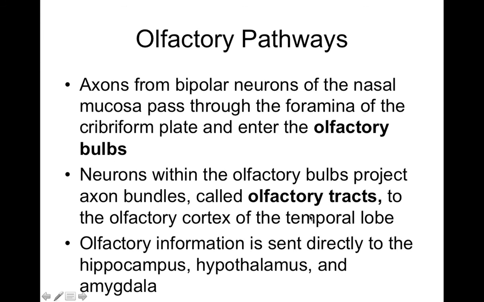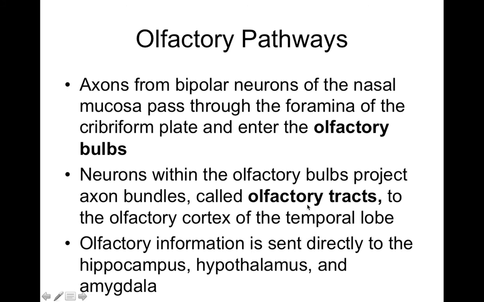These olfactory tracts extend off of the olfactory bulb, and basically they are big bundles of axons extending away from the bulb back towards the brain, where these axons connect to areas like your olfactory cortex, or your temporal lobe, or your hippocampus, or hypothalamus, and amygdala.